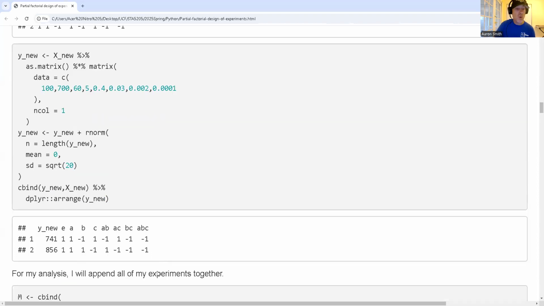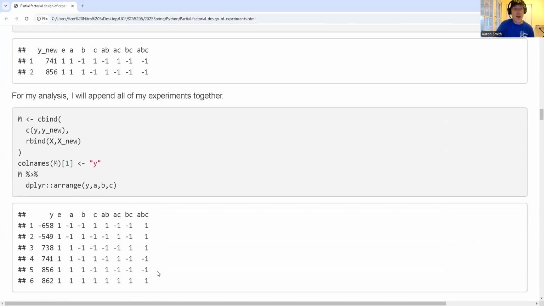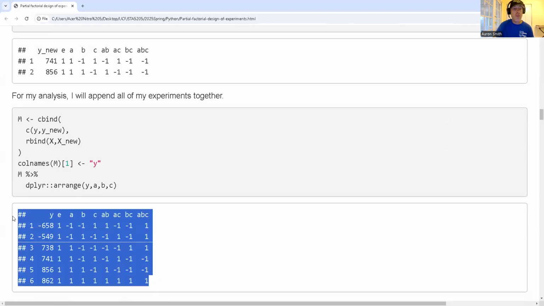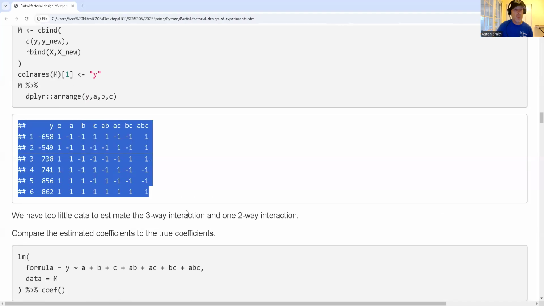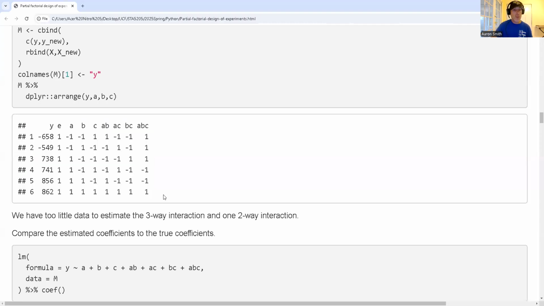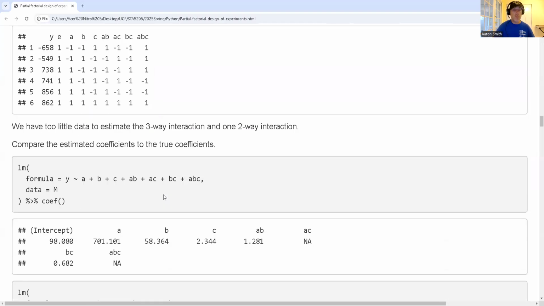Okay, so now I want to actually run my analysis. Here's my full data set. This is all the data that I have to work with. I want to start doing some linear regression and figure out what's going on. All right, so what would happen if I tried to figure out everything off of this?